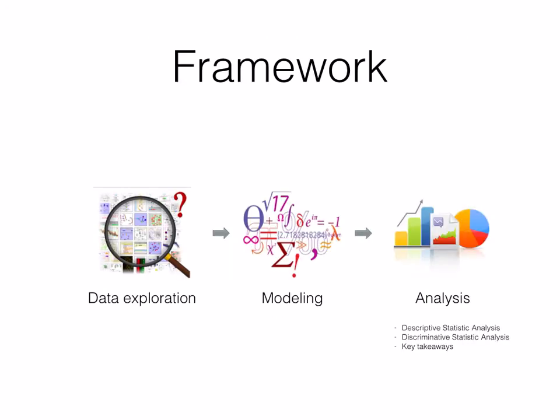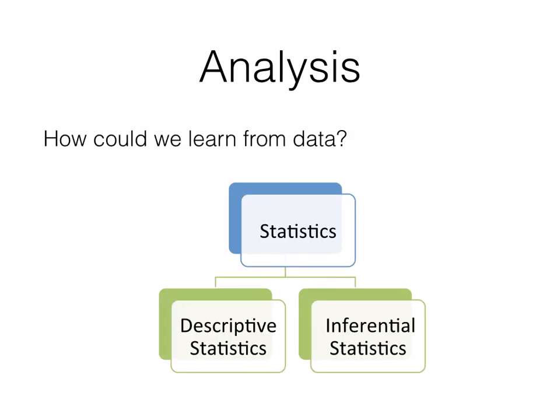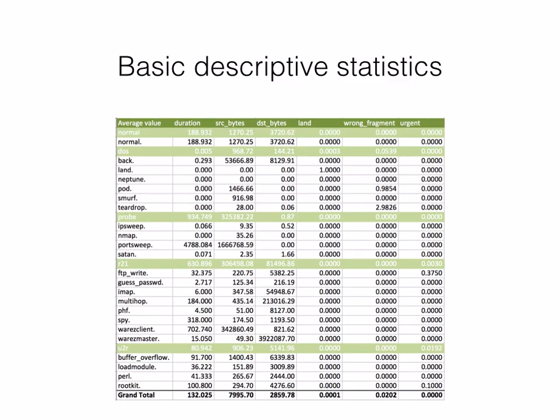So finally, I will talk about the last part of the framework. It's called analysis, and the question is how could we learn from the data? There are basically two types of statistics that you can use. One is descriptive, and the other is inferential statistics.